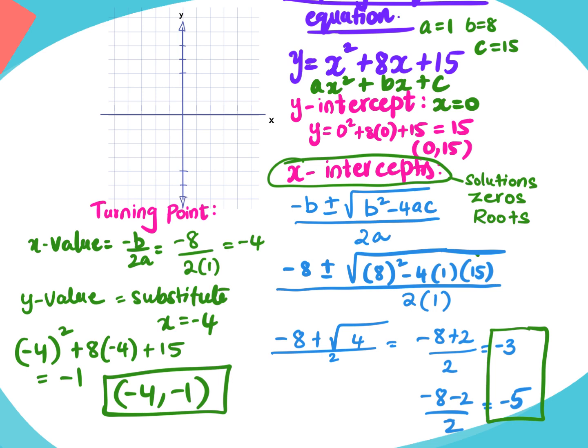Since my y value is going all the way to 15, I'm going to use a skip by 3s scale: 3, 6, 9, 12, 15. This is 1, 2, 3, 1, 2, 3, 4, 5, and -1, -2, -3, -4, and -5.